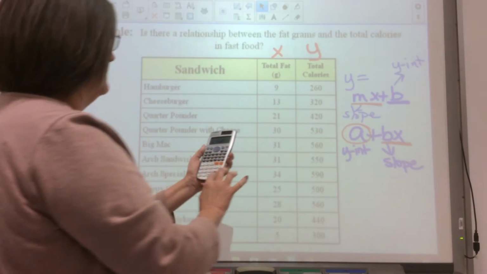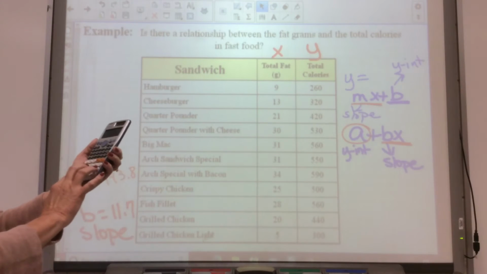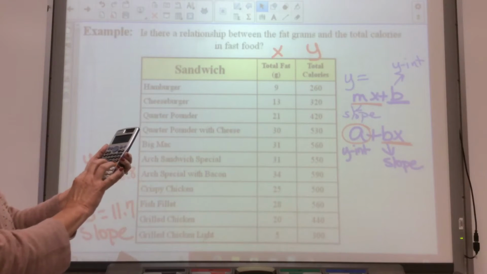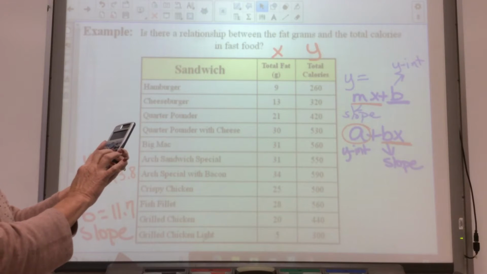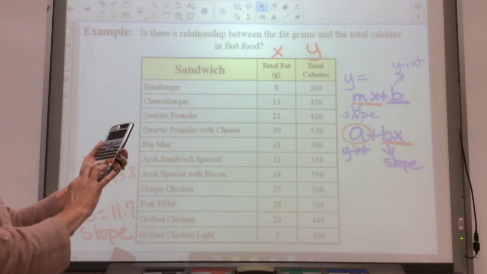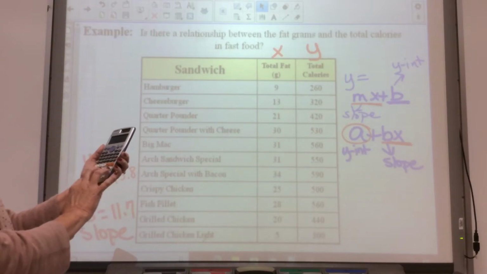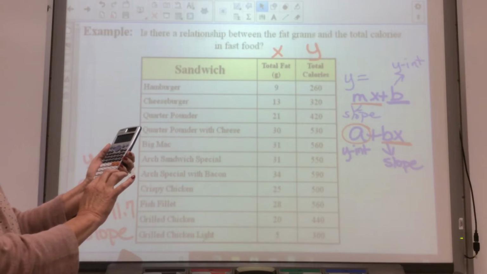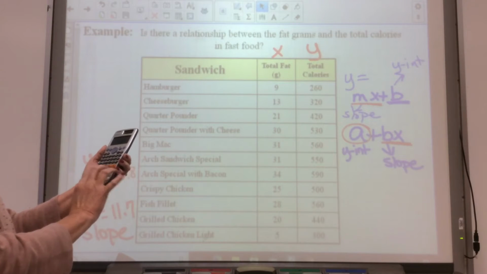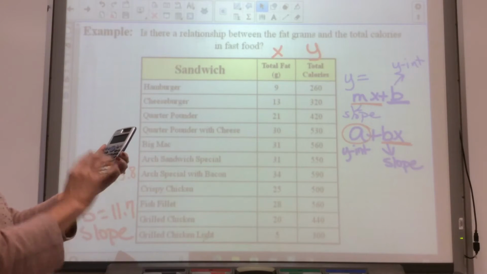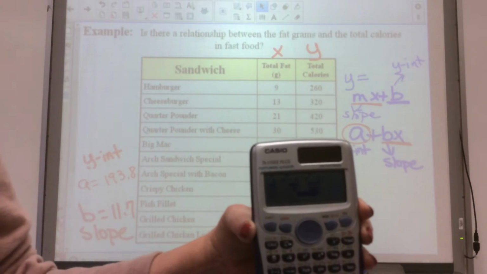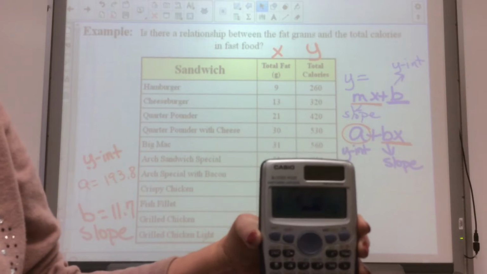I'm going to step away so I can do this faster so that you can see the data. You want to make sure that your data matches. See how I have 11 numbers on the left for the x and 11 on the right.